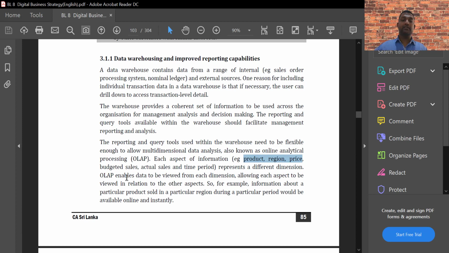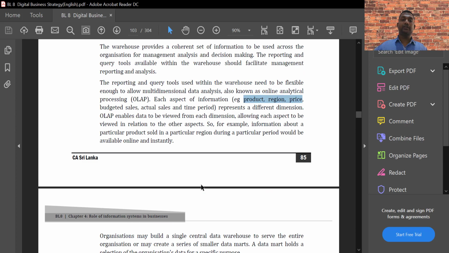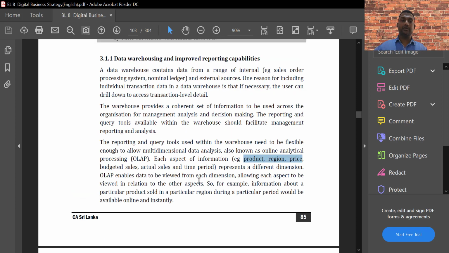This enables data to be viewed from each dimension, allowing each aspect to be viewed in relation to the other aspects, so we can find the relationships and outcomes of these different aspects. For example, information about a particular product sold in a particular region during a given time period would be available online. So we can see in different scenarios how these can be used for decision making.